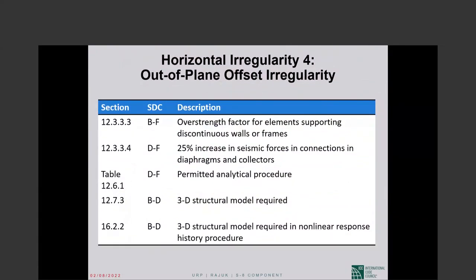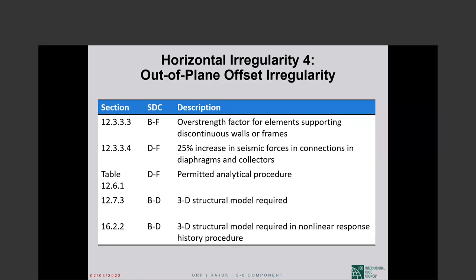Now, when you have out of plane offset irregularity, this is pretty serious business. Elements supporting the discontinuous walls or frames have to be designed using load combinations with overstrength factor. That is a very, very important requirement. Overstrength factor for elements supporting discontinuous walls or frames, section 12.3.3.3 applies.